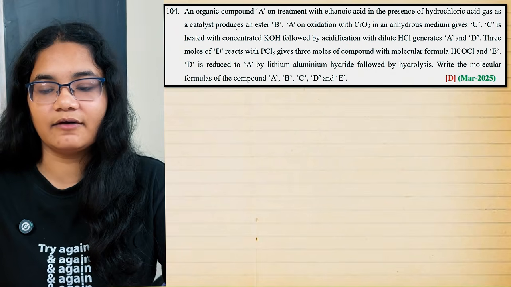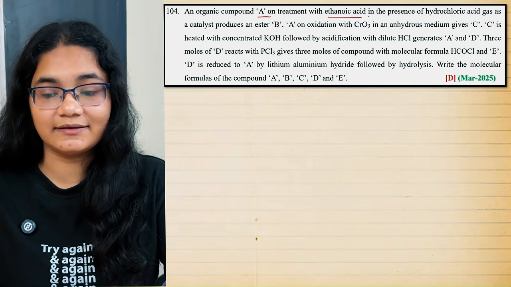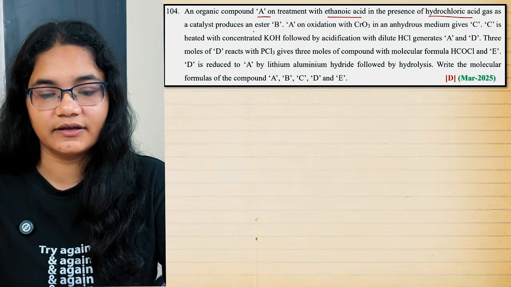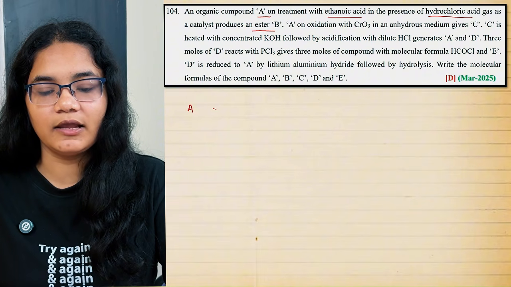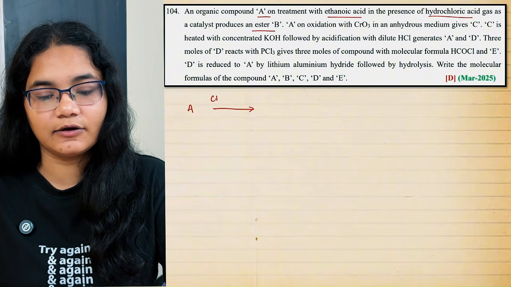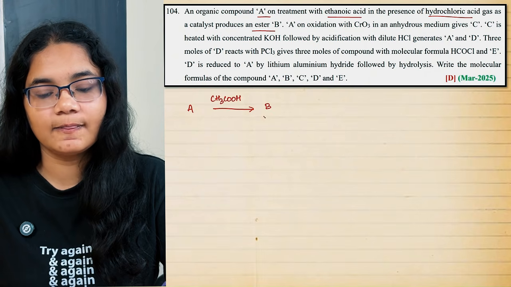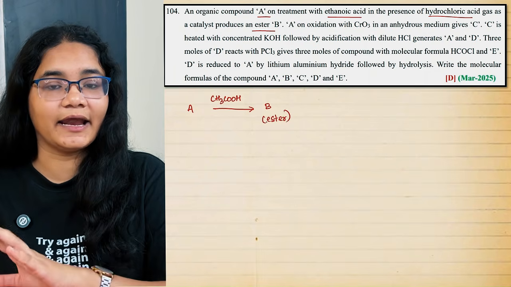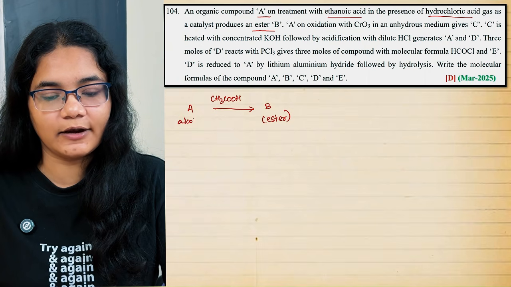Next question, we have a little lengthy one. An organic compound A on treatment with ethanoic acid in presence of hydrochloric acid gas as a catalyst produces an ester B. We know that when alcohols and acids react, we get an ester. So if the acid is already reacting, then A must be an alcohol.